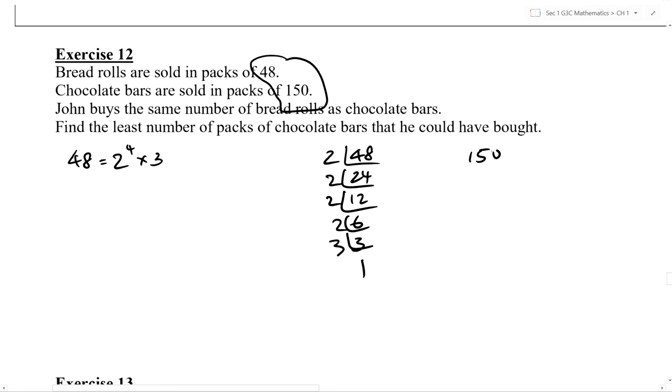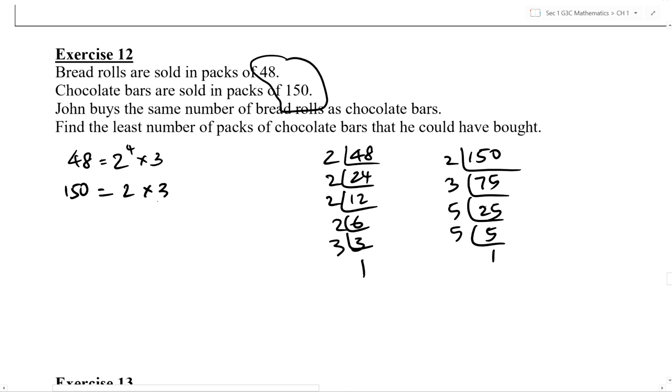Here we've got 150, 2, 75, 3, 25, 5, 5, 5, 1. So 150 is actually 2 times 3 times 5 squared. Draw a line, LCM. We are being greedy when we find LCM.